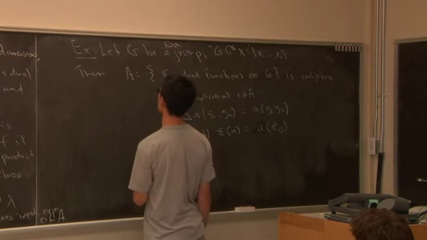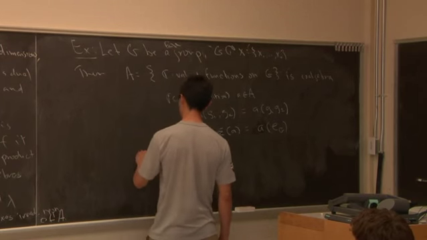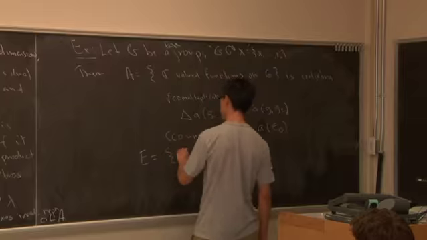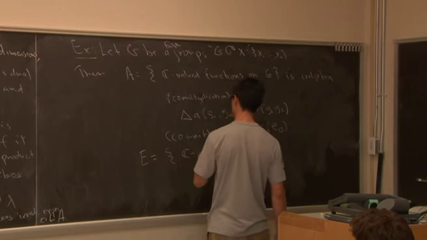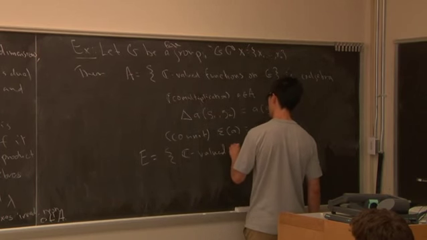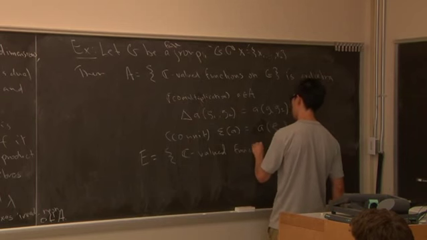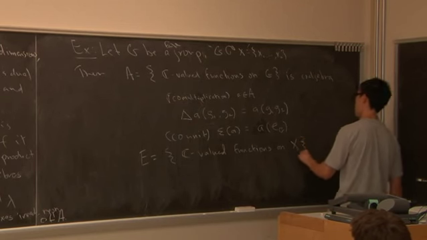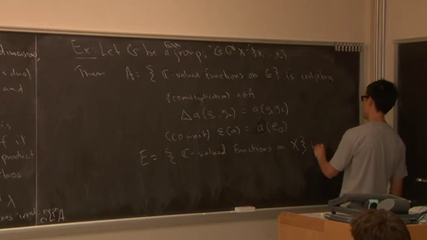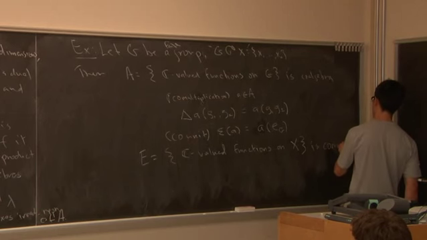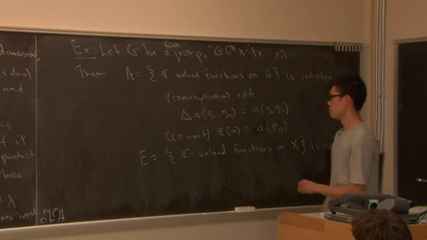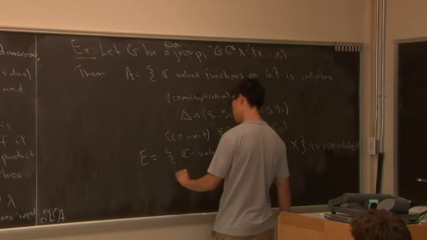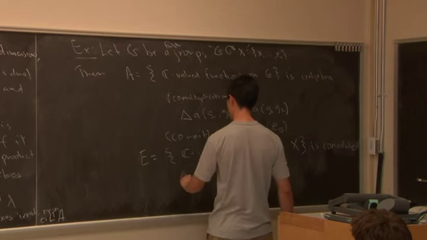So let's define E to be similarly complex valued functions on this guy. X is going to be a comodule. So what does that look like? Well, I need to tell you what.